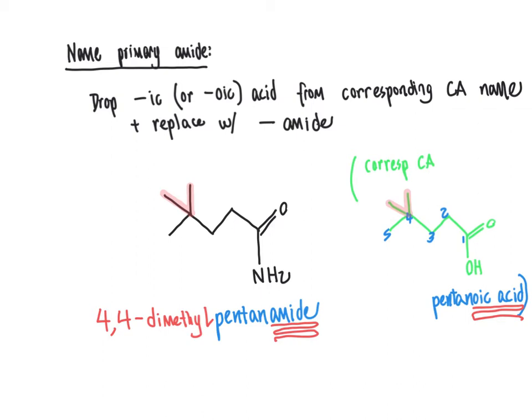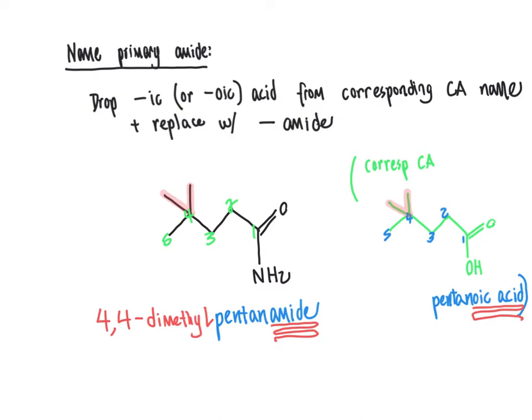And we could name whatever branches were coming off of this chain using the rules that we've talked about all semester and all year long. So just as a recap, we number the longest carbon chain beginning at the carbonyl group of the amide, 1, 2, 3, 4, 5. And then from there, we determine the parent name, where the parent name is going to be analogous to how we would have named a carboxylic acid if we had an OH here instead of an NH2. And so the parent name here would be pentanamide with that NH2 rather than pentanoic acid if we had an OH there.